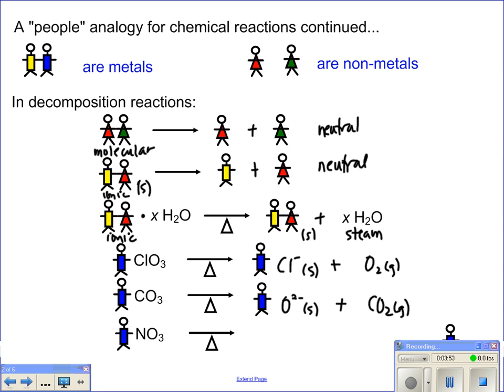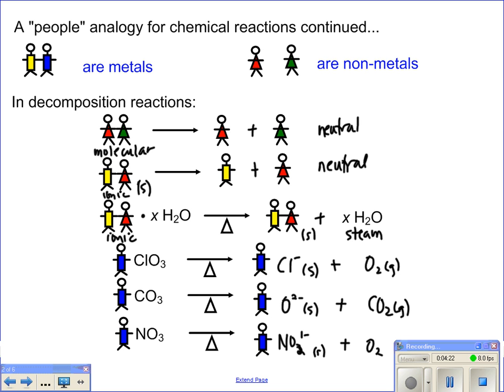And then finally, if we take nitrates and we heat them up, although I wouldn't recommend it because they're also very strong oxidizers, they can decompose in a very predictable fashion in that the cation part of nitrate combines ionically with nitrite, NO2, 1 minus, to create some sort of ionic compound. And once again, the gas that's given off would be oxygen gas.